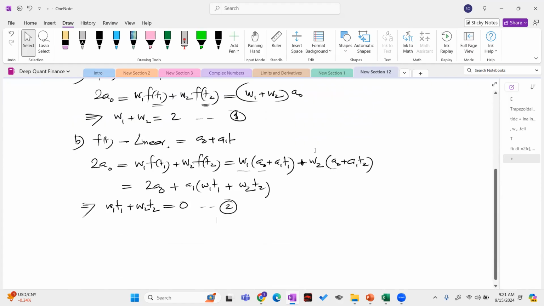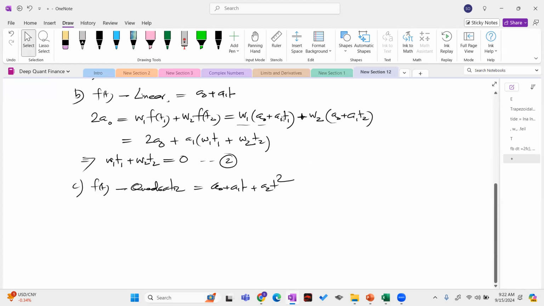Let's do if f(t) is quadratic. Remember, this infrastructure will support till cubic, right? So 4 parameters, 4 unknowns. If it is quadratic, then it must be a0 plus a1t plus a2t square. Okay. Now, if you do the integration, f(t) dt from -1 to +1, well, remember the constant term will give 2a0, correct?